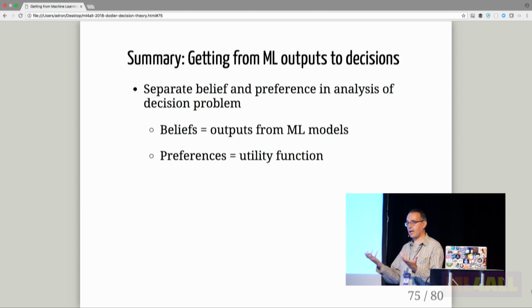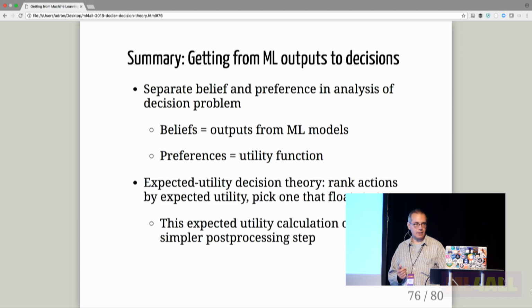And we're taking that apart from our assessment of how much we value or prefer those different outcomes. And just to summarize the essential step of the decision procedure, we'll compute the expected utility for each possible action, and pick the action that flows to the top of the list.